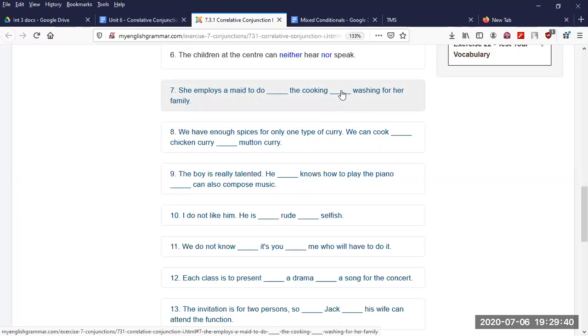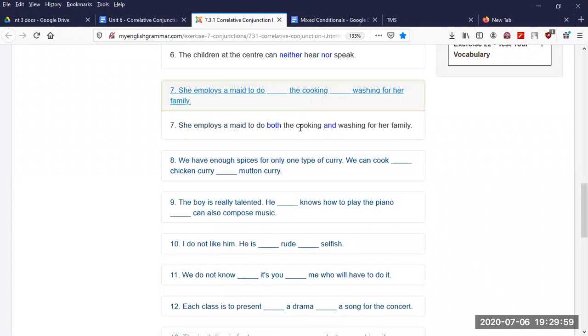So this one is going to be, remember the two things? Both. Careful with the both. Both the cooking and washing.